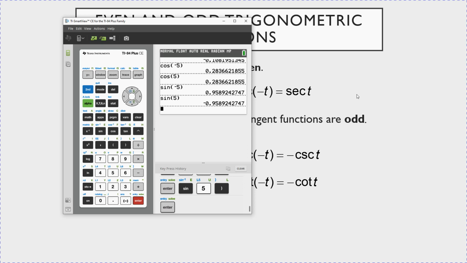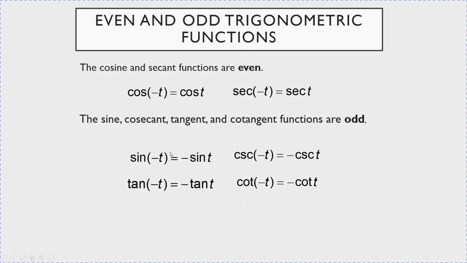These are just little tricks to help us remember or evaluate these. This is not necessarily correct, but if it helps you remember: when you have cosine of a negative number, you can think of the negative as not even being needed. But with sine, cosecant, tangent, cotangent, you can factor out the negative if that helps you remember it.